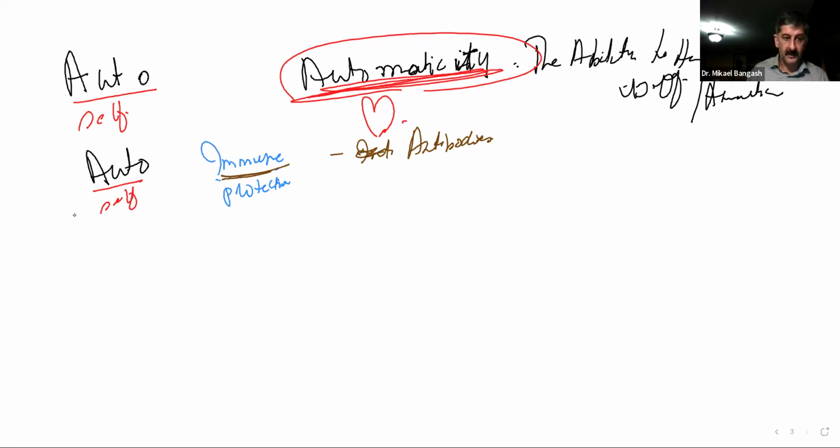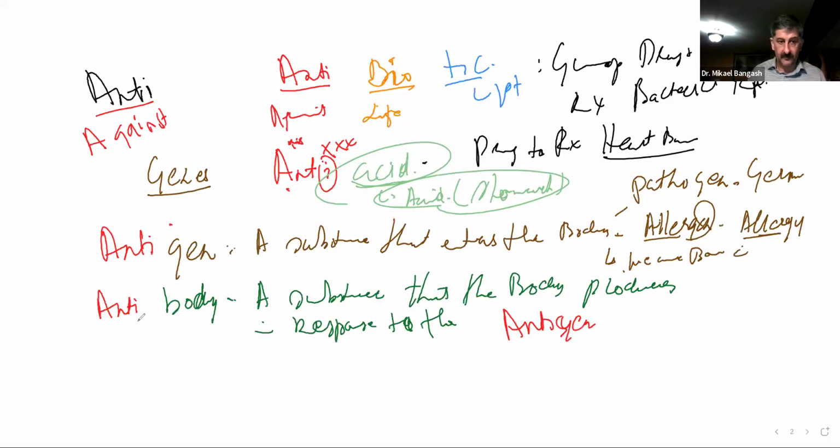But when those antibodies attack yourself, or you are attacked by your own antibodies, that whole phenomenon is referred to as autoimmune. The antibodies we made were made in response to the antigen, mainly to protect your body from the antigen.